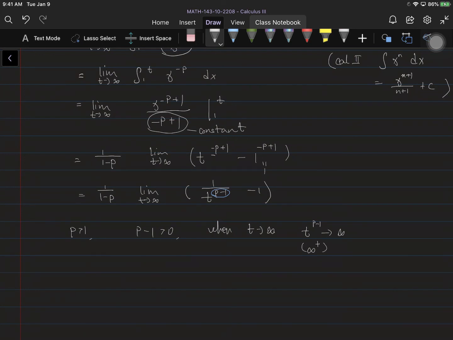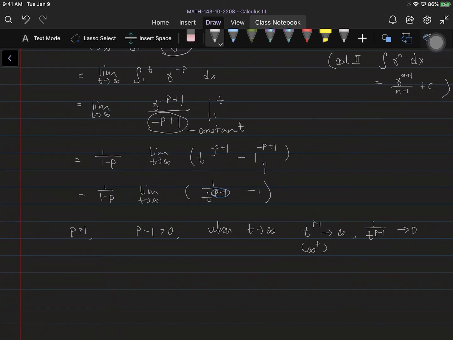If it were a negative power, it would be in the denominator, but it's a positive power in the numerator, so it goes to infinity, and the whole thing, 1 over t to the p minus 1, goes to 0.